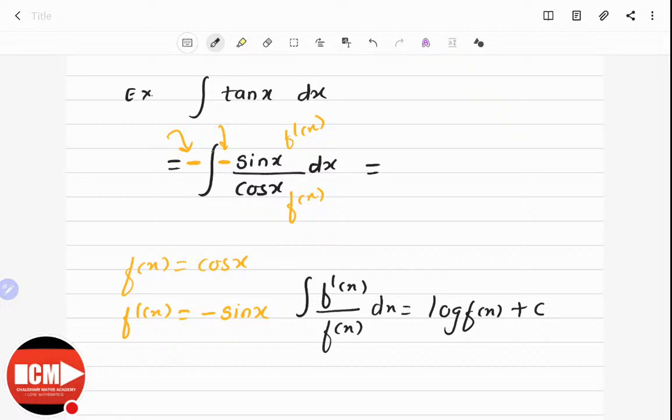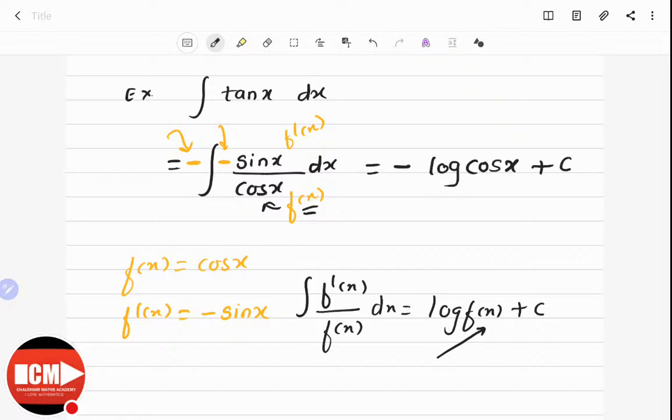If I keep this minus sign outside the integration, with the function in the denominator and the derivative in the numerator, the answer is minus log of f of x, and f of x in this case is cos x. So the answer is minus log of cos x plus c.